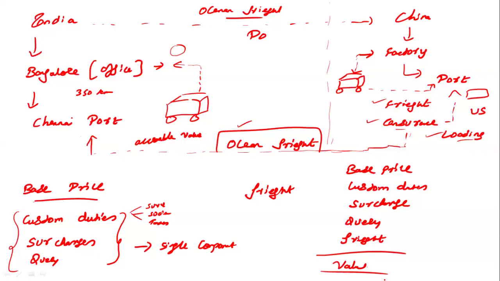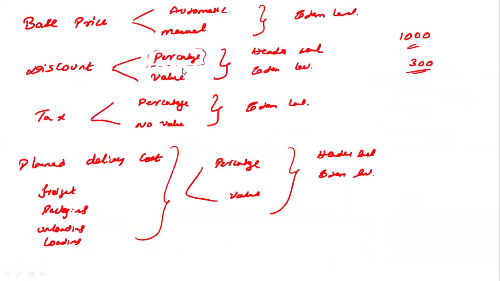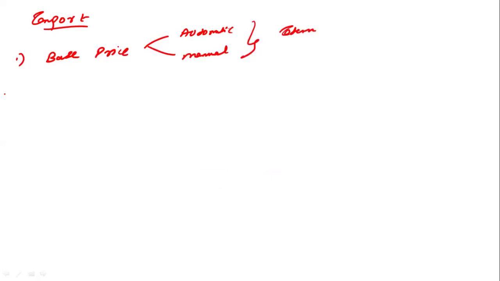Okay. So now I defined here how the domestic looks. Let me also define how the import looks. So for import, you have the base price. Against this base price is going to be automatic. Manual is always going to be at item level.